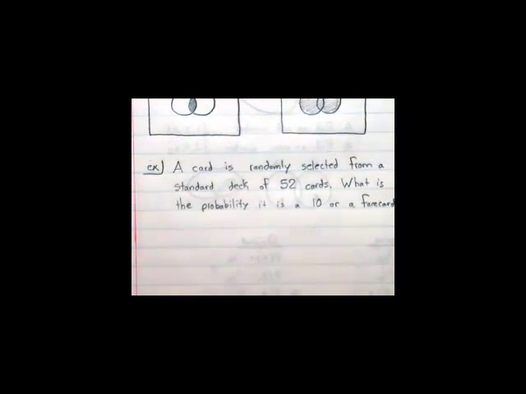Okay, so our two events, if you want to think of them that way, our two criteria, 10, face card. That's the A and the B this time around. Are those overlapping or disjoint? Definitely disjoint. You can't have a card that's a 10 and a face card at the same time, right? Okay, so we're going disjoint.